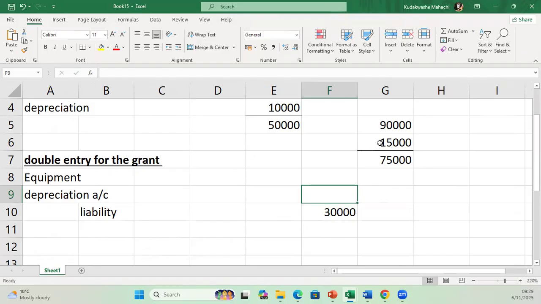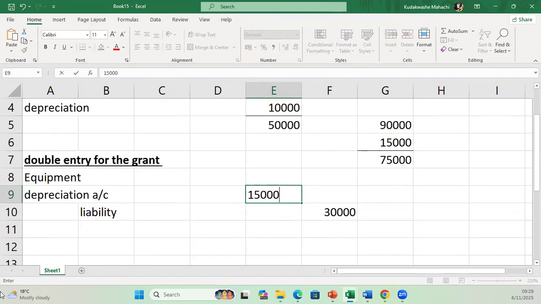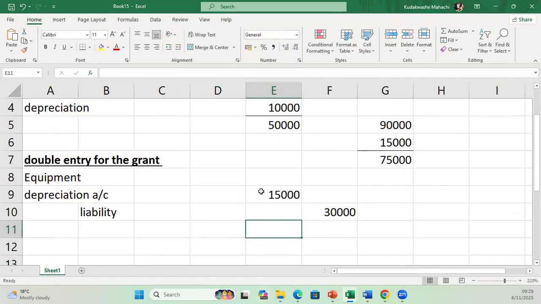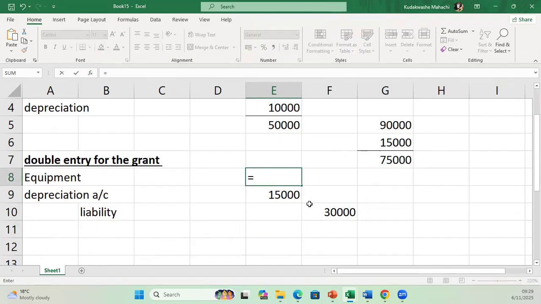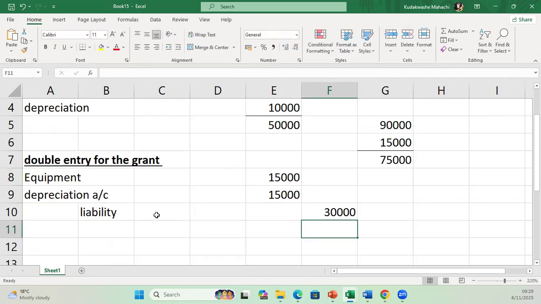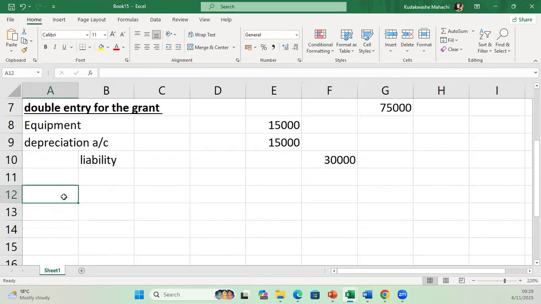But now, because the grant has been dishonored, the depreciation expense is supposed to be 15,000. Then equipment, the 15,000. So for this one, let's keep it on hold. I'll refer back to it again.